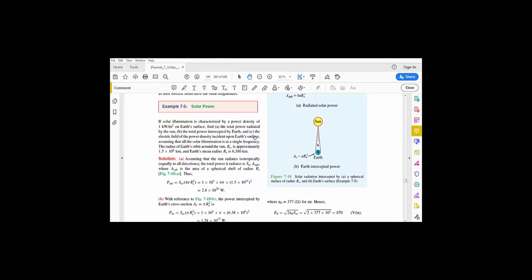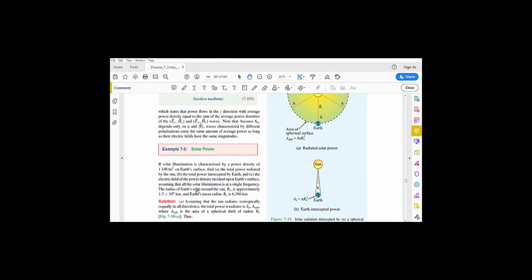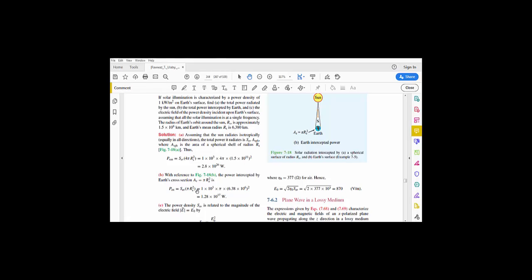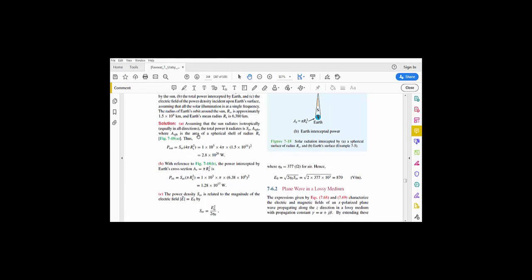Okay, of course here we have a very important assumption that all the power radiated from the sun is at a single frequency. Let's go now. So A, here we will use the power density to calculate the radiated power.